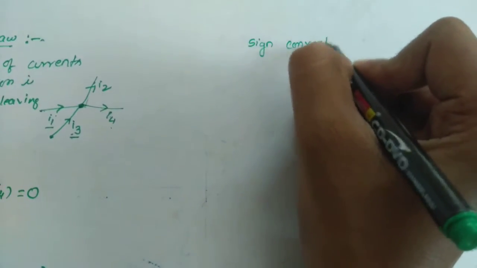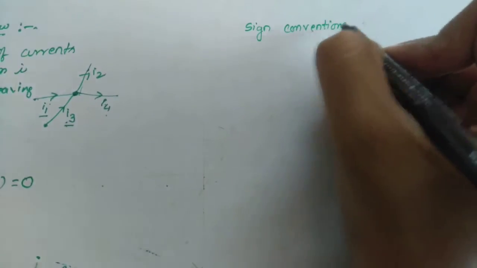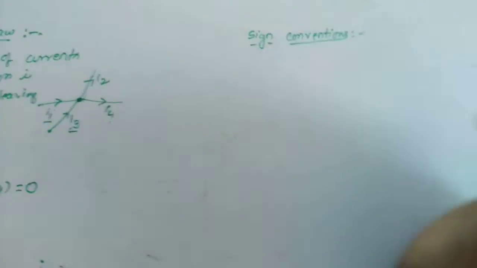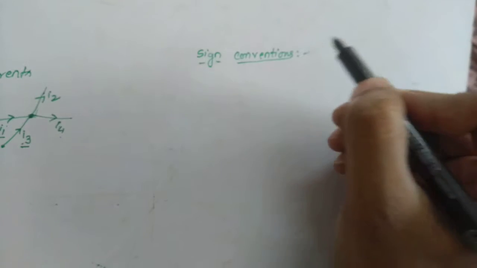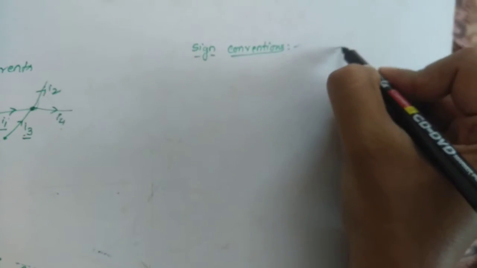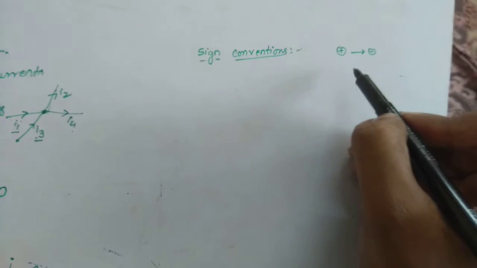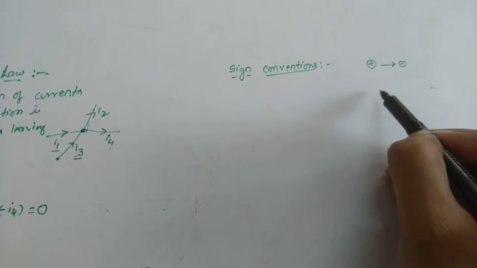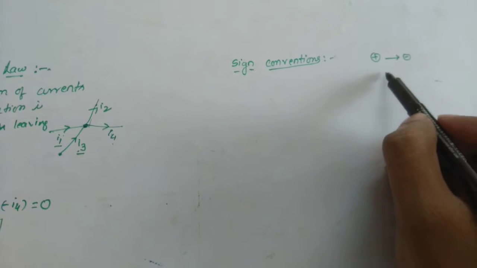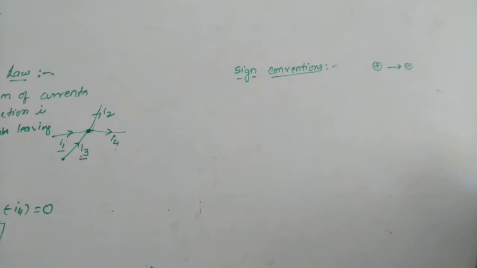Here the important thing you need to understand is sign conventions. We already know current always flows from high potential to low potential. This current is called conventional current.